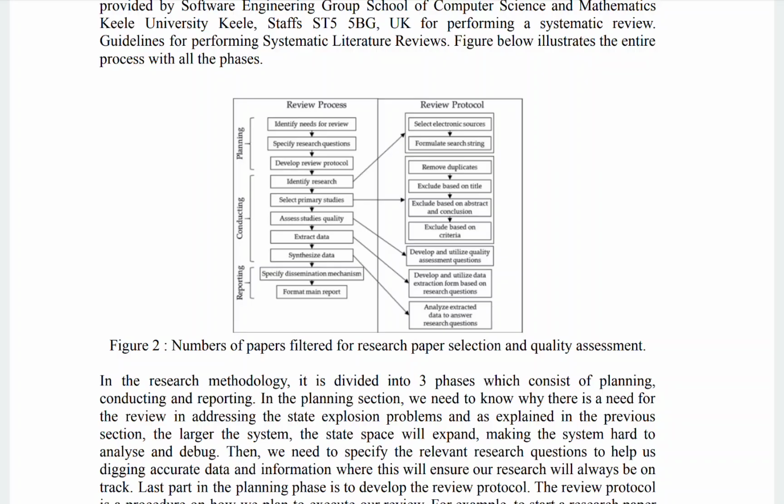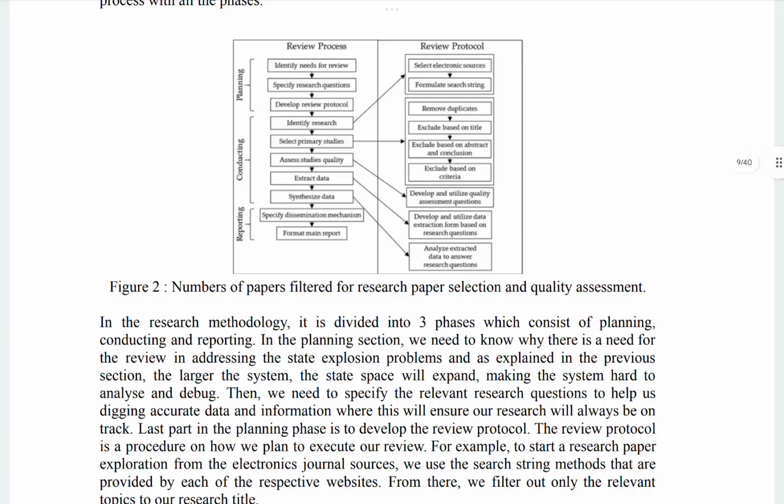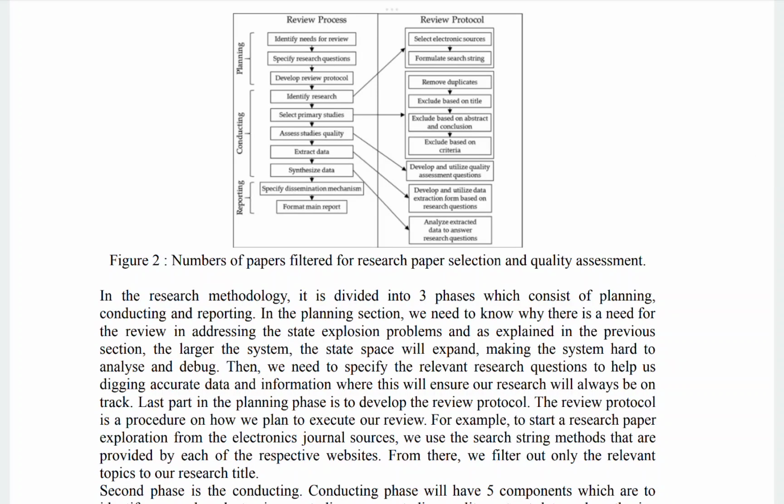After that, we select the primary studies that are relevant to our topic, where we exclude based on the title, abstract, conclusion, and so on. Then we assess the quality, extract data, and synthesize the data. After conducting, we go to reporting, the phase where we specify the dissemination mechanism. And lastly, we go to the main report.